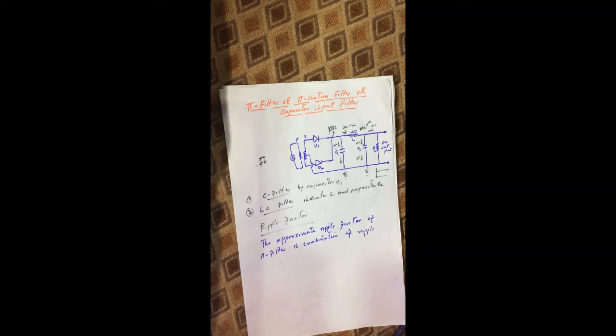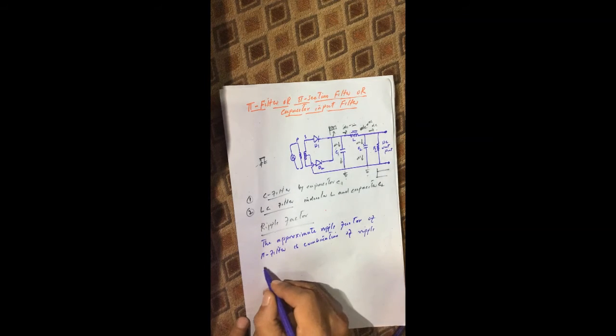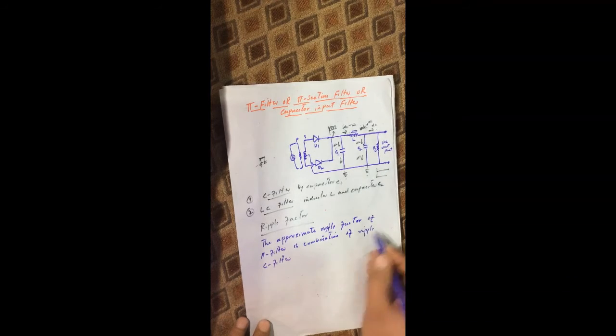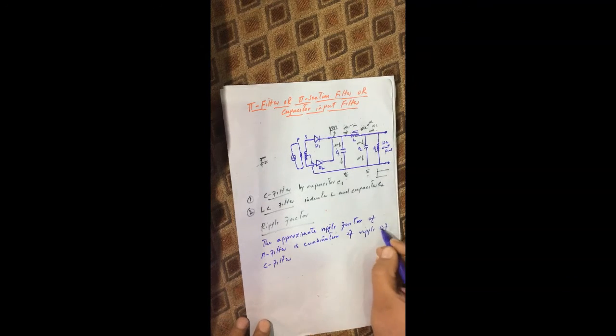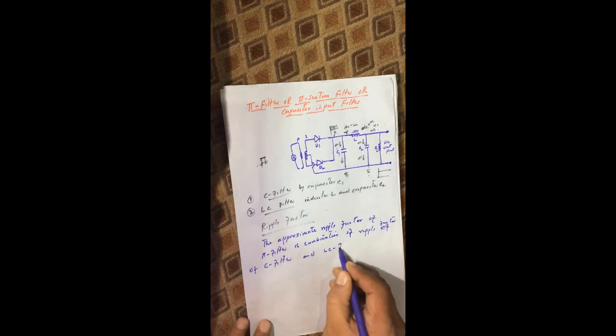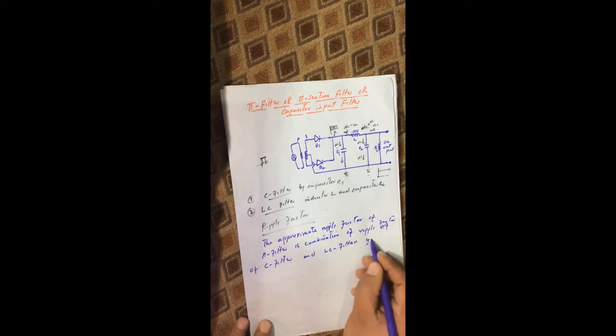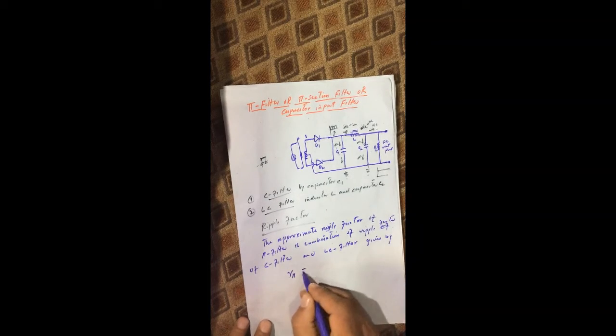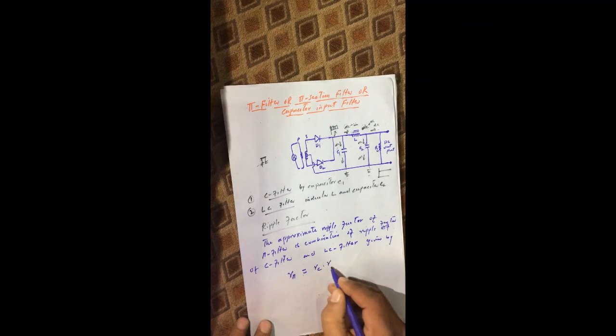Because we have two filters here, one is the capacitor filter and the other one is the LC filter, the ripple factor of this pi filter will be equal to the ripple factor of the capacitor filter times the ripple factor of the LC filter.